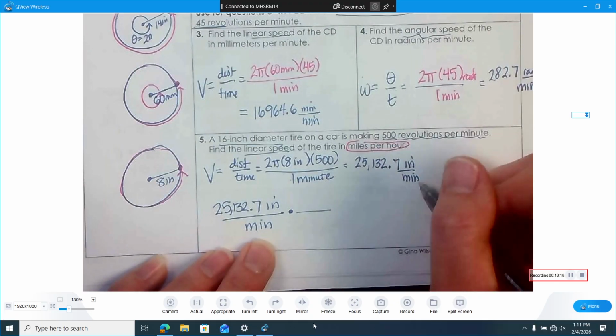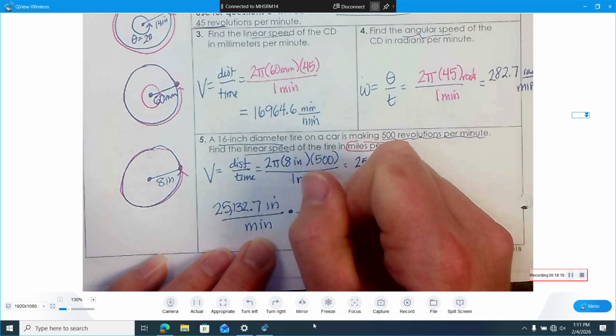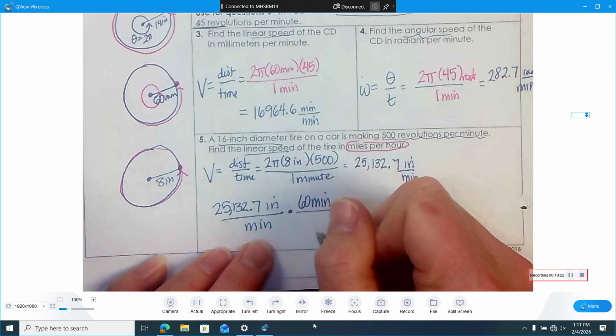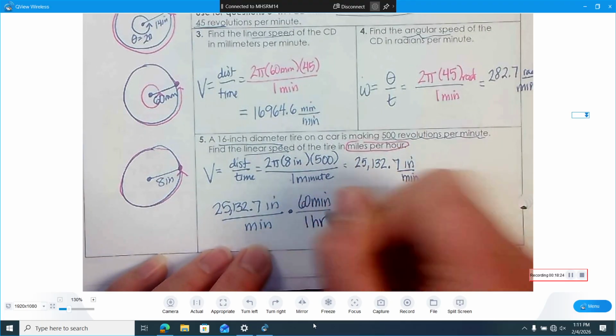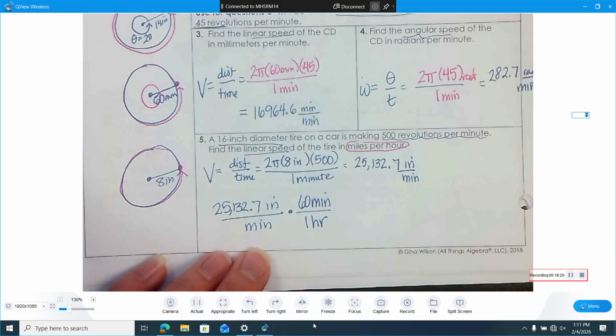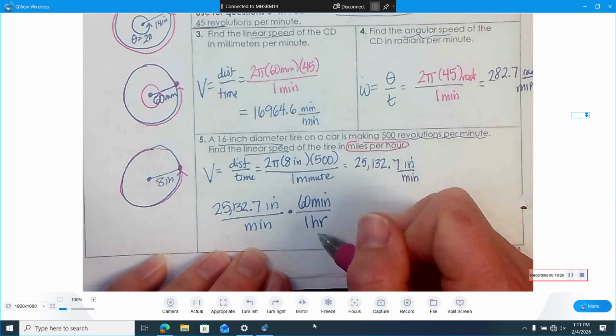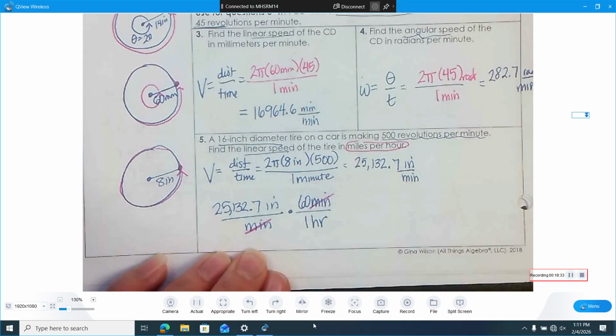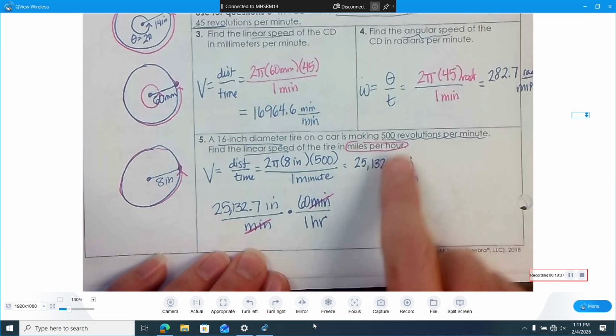So 60 minutes, why am I putting the minutes on top? Because I want my minutes to cancel out. Minutes on top is going to cancel with my minutes on the bottom. Now I have hours on the bottom.